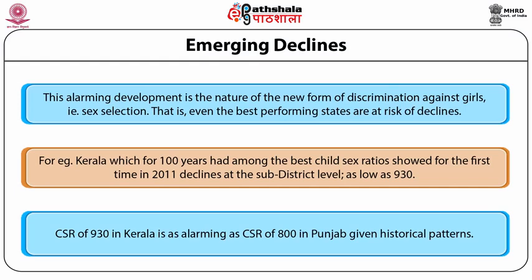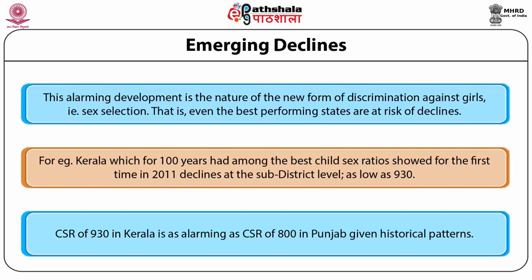Kerala, for instance, has had among the best child sex ratios in the country for 100 years. We are now seeing declines at the sub-district level. Remember, what we have seen since the 90s is that once this decline starts in one sub-district within a district, it then spreads much faster.